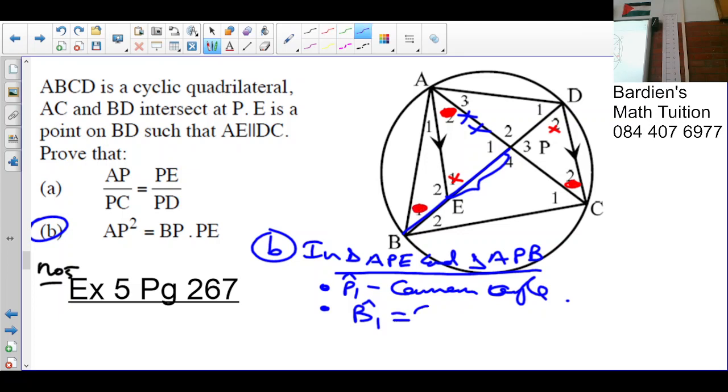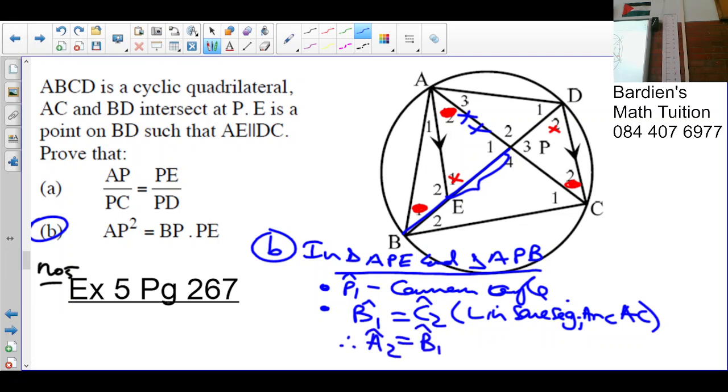Angles in the same segment, not alternate angles, coming from arc AD. We don't have to write the arc's name, okay? So therefore, A2 is equal to B1. So it's already now marked the same. Can you see all have dots in, so it has to be the same.